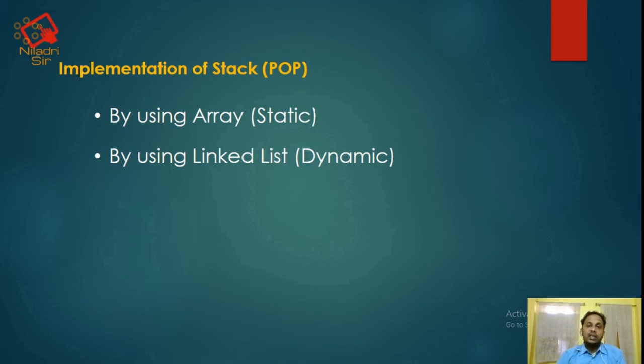Static memory allocation means that all the memory for the data elements is occupied before compilation. After compilation, no memory allocation is possible. But in dynamic memory allocation, memory is allocated for the data elements during runtime.